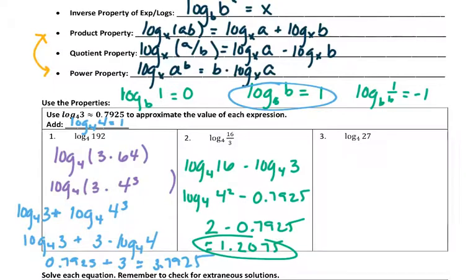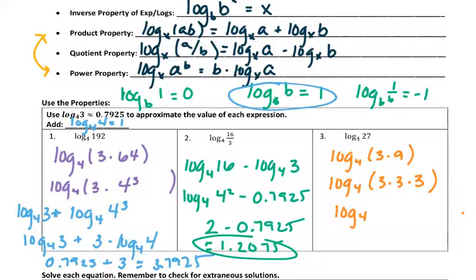All right, log base 4 of 27. Again, we don't have 27, so we need to break 27 down into numbers that we know. I can see it's 3 times 9. Well, that's 3 times 3, so log base 4 of 3 times 3 times 3. You can do this a couple different ways.